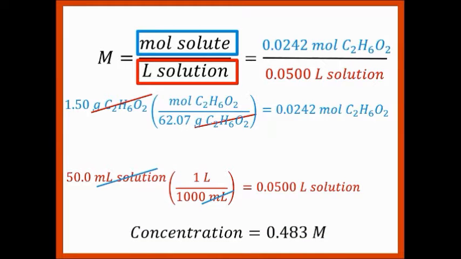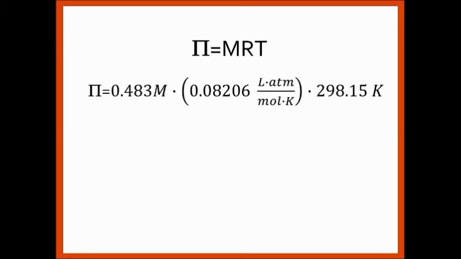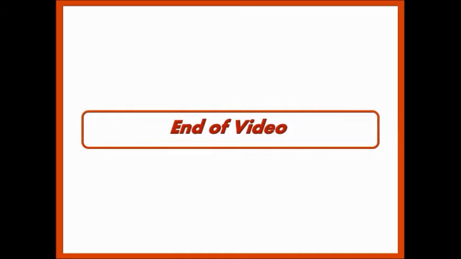Now we can calculate the osmotic pressure. Plugging in the values for molarity, temperature, and the ideal gas law constant, the osmotic pressure is calculated to be 11.8 atmospheres. Overall, in this video, we have defined the colligative property known as osmotic pressure.